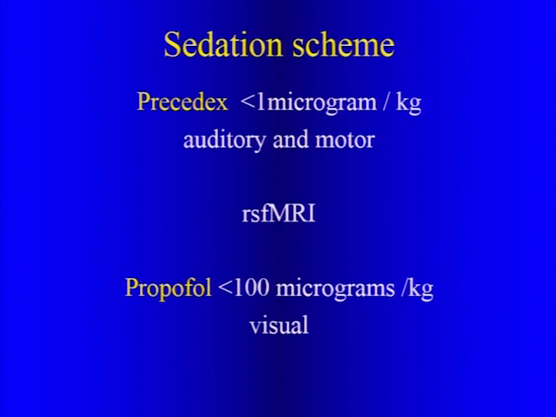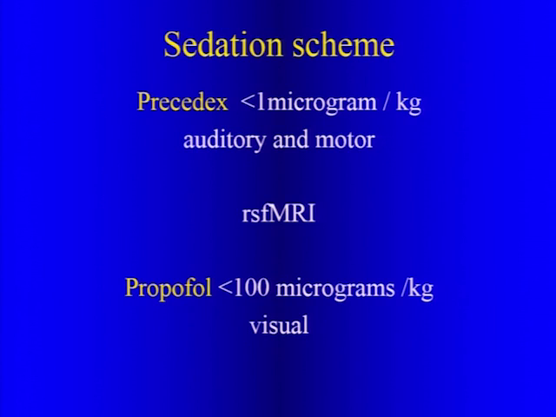So what we do is we start with the patient at the beginning of the sedation, and we'll use Precedex to start, and that's very good to look for auditory and motor response. We'll then put in a resting state sequence, and then we'll use propofol to look for the visual. With these analgesics, you can turn them on and off, so we do.